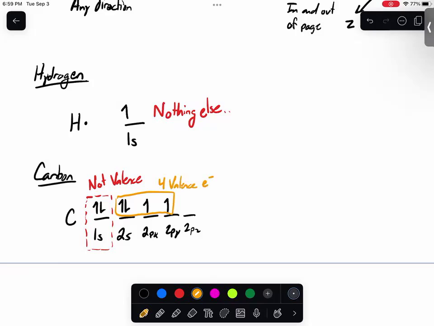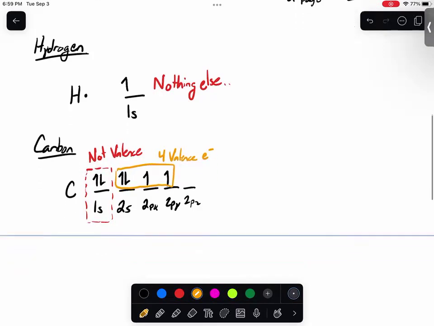Valence does mean that they are in the outer orbitals. And so with this 2s, 2px, 2py, and 2pz, those are on the outside in that second row, whereas the 1s is on the inside, so it's not valence. So the electrons that carbon is actually using to bond are coming from these further out orbitals.